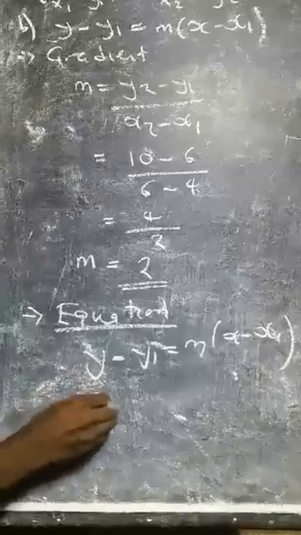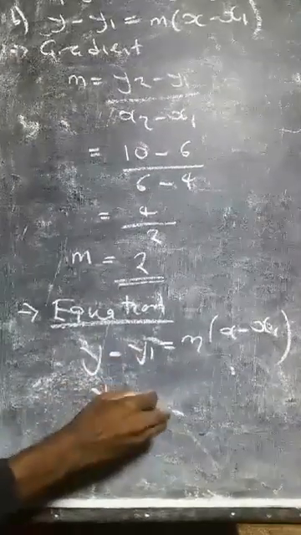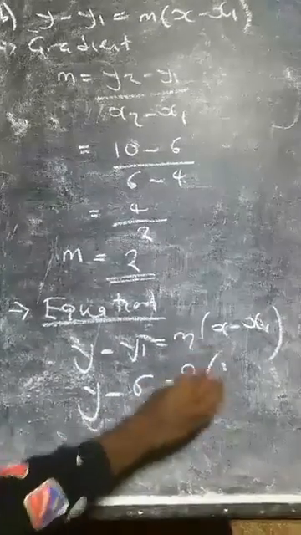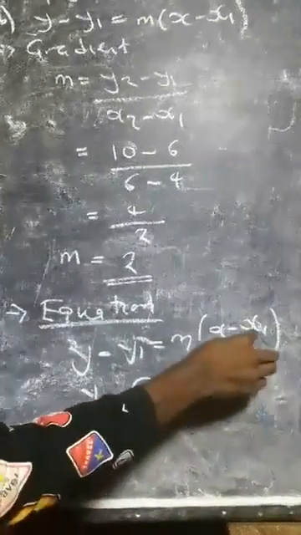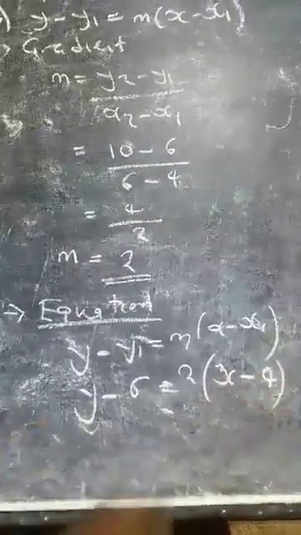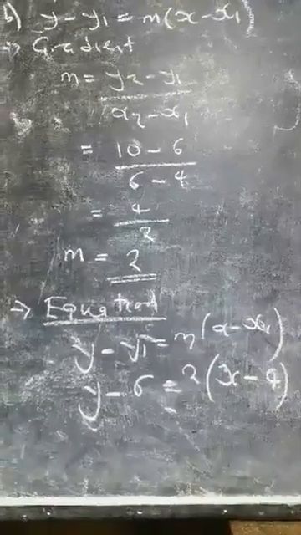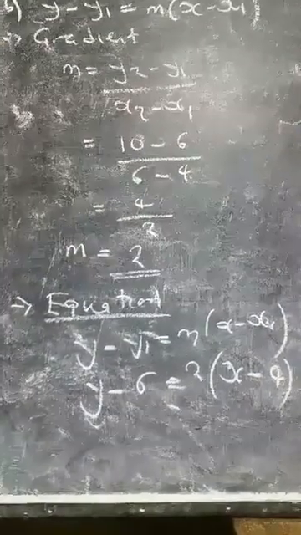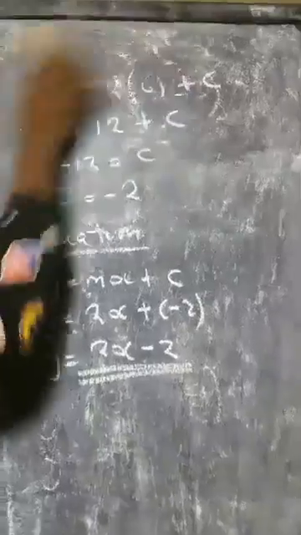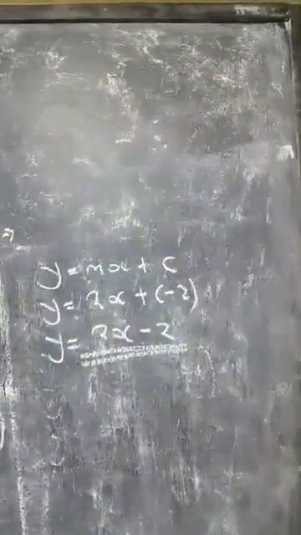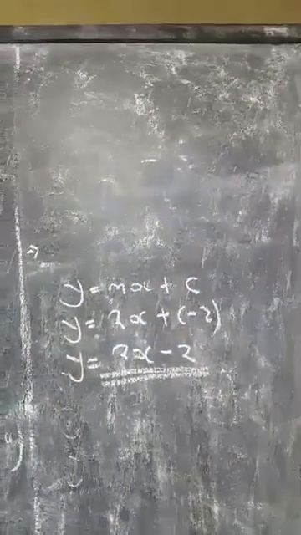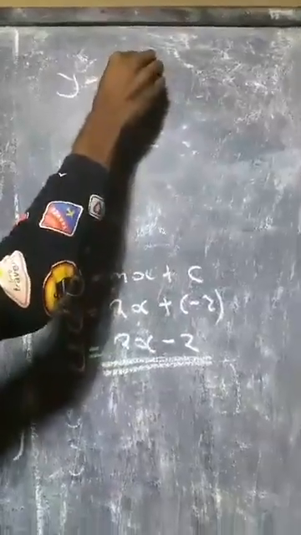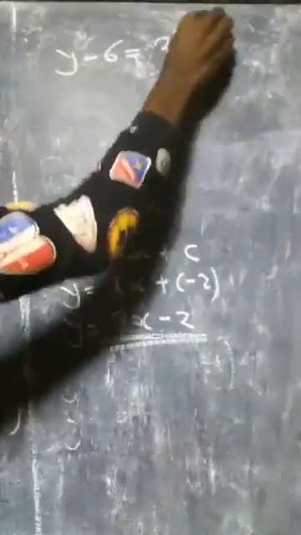So y minus, our y is a 6, our gradient of course is a 2, then x minus x1, of course, is a 4. So we've used (4,6). So finishing this up, what do we have? So we know that y minus 6. Let's just rewrite this here: y minus 6 is equal to 2 times x minus 4.